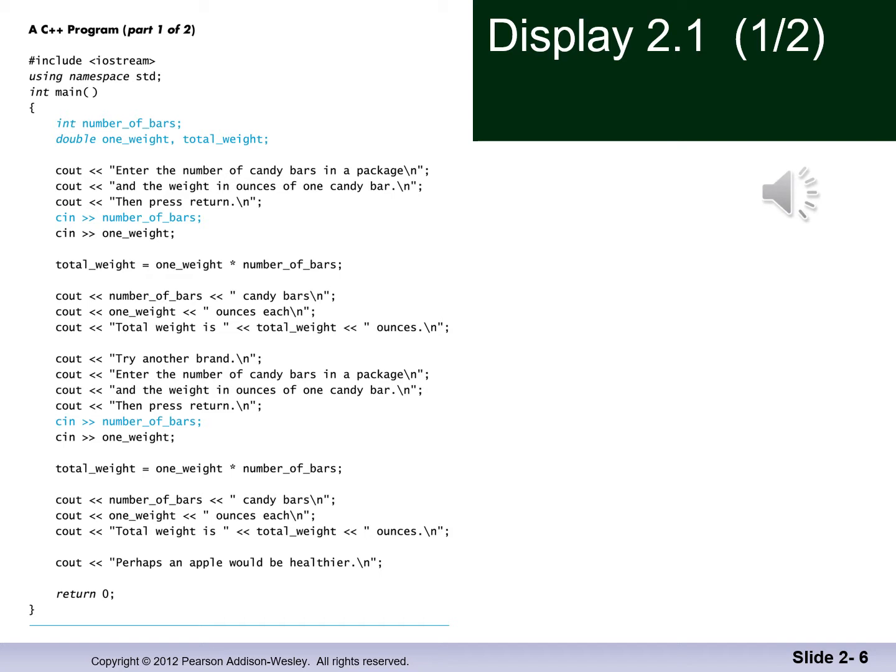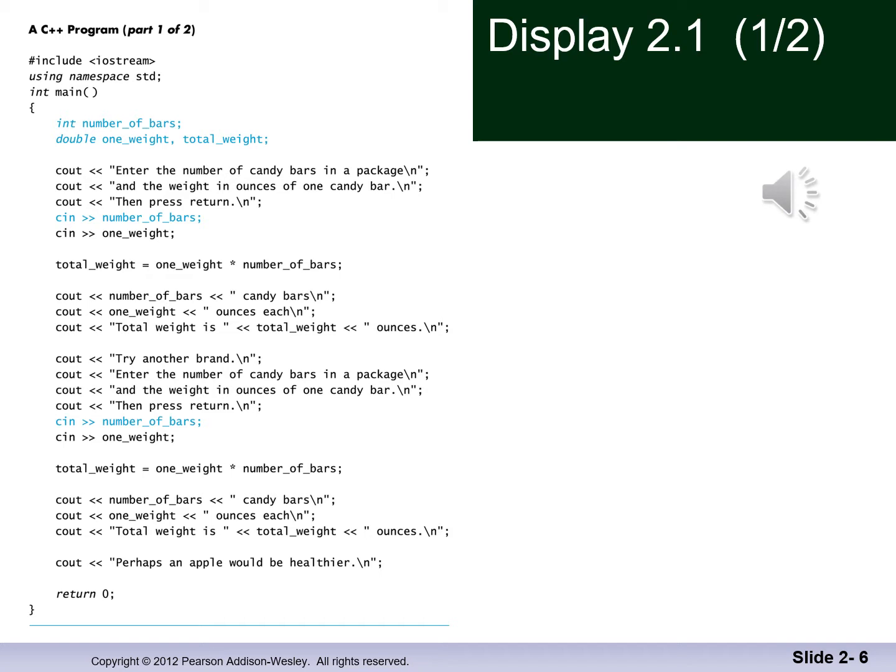And these variable names are used then to accept input. See the cin statement, which is also blue? cin >> number_of_bars. There, the user of the program enters a number, so it might be 10 for number_of_bars, and then they're entering one_weight using cin.